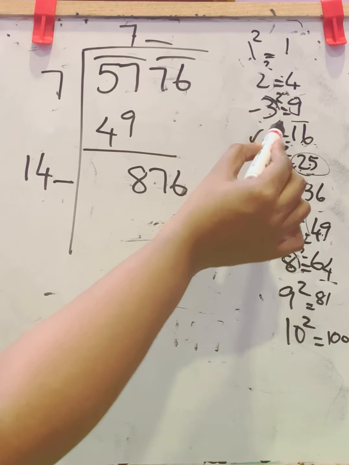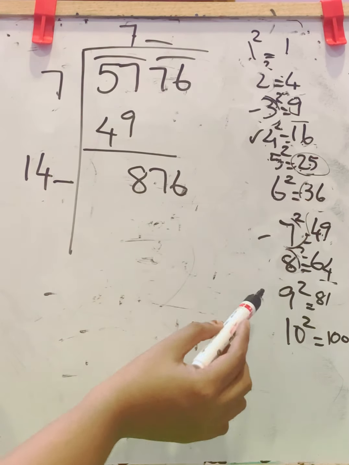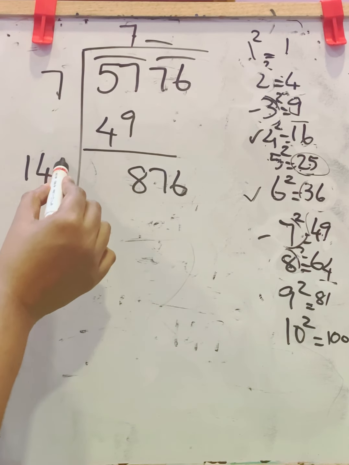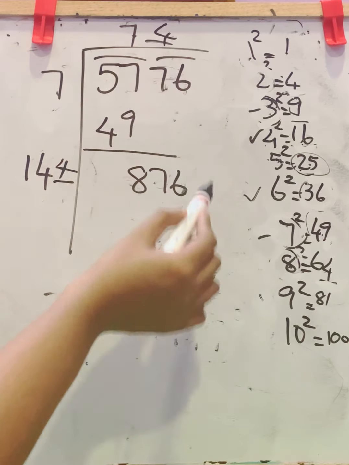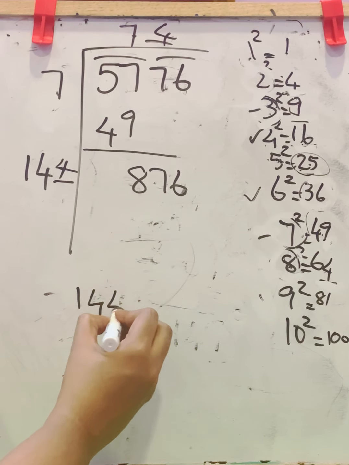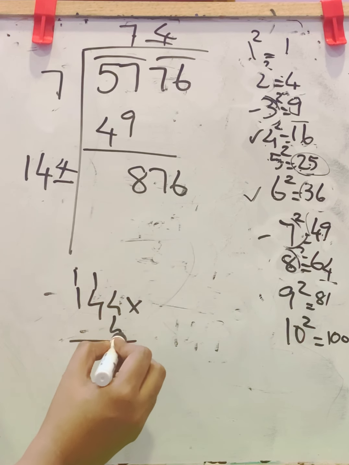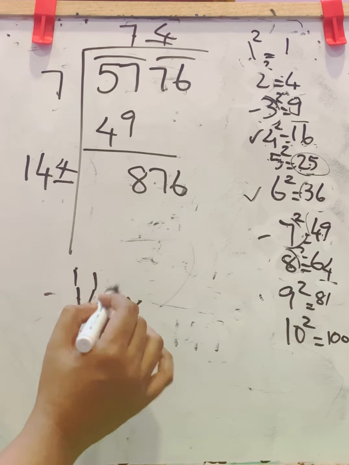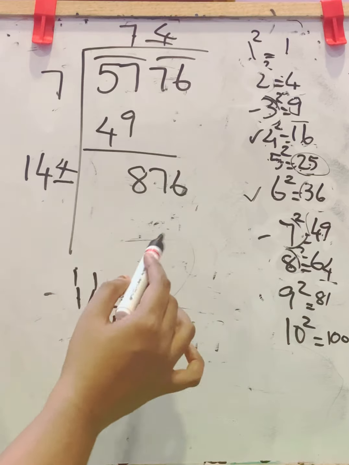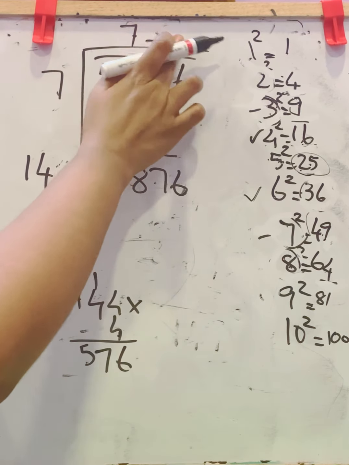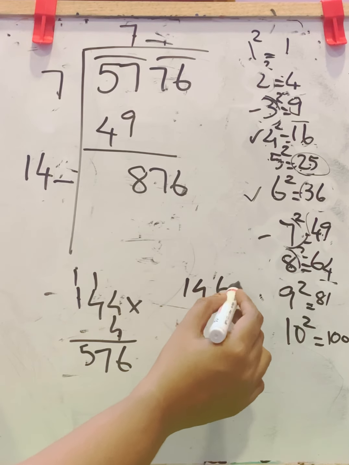You will get 4 square is ending with 6 and also 6 square is ending with digit 6. So either it will be 4 or it will be 6. 144 into 4. 4 4s are 16. 4 4s are 16 plus 1, 17. 1 4s are 4 plus 1, 5. 576. We need 876. Now we will check with 6. 146 into 6.